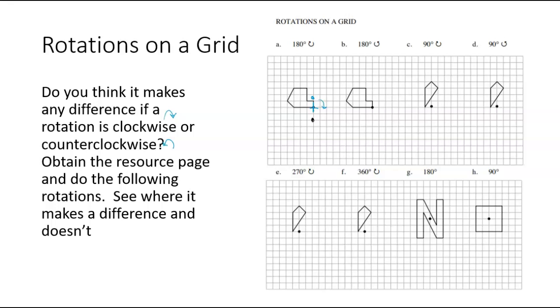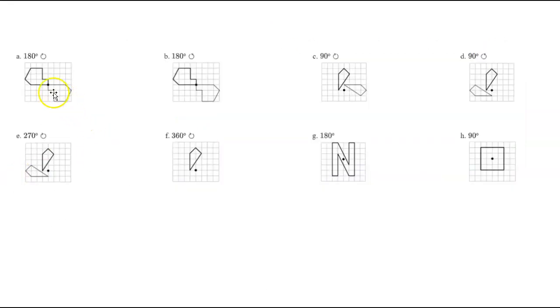Okay, so if you're coming back from the paused video, I'm going to show you what is happening with our answers, and hopefully you can compare your answers with mine. These are what the new rotations should look like, in a lighter black color.